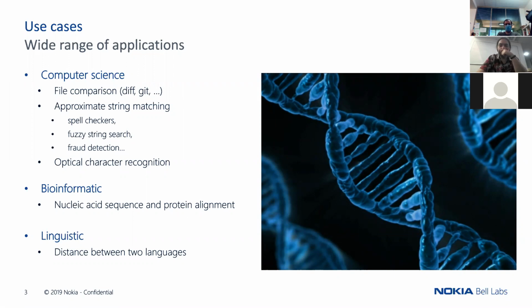And it's also used in linguistics to compute the distance between two languages. I don't know how it works, but this is what Wikipedia says. As you can see, there is a very broad scope of application for this kind of primitives.